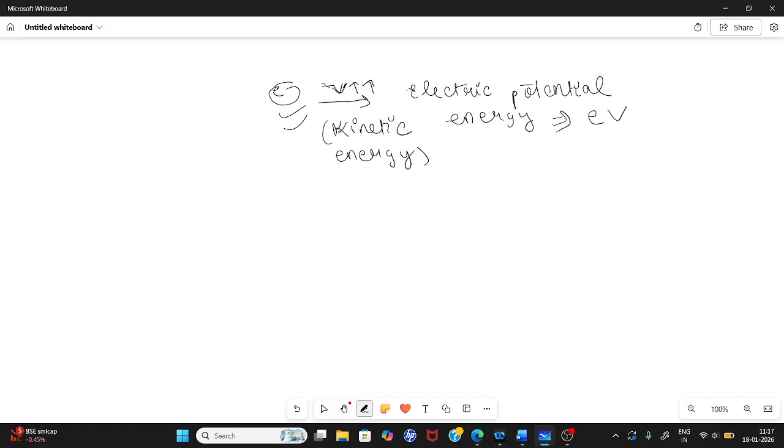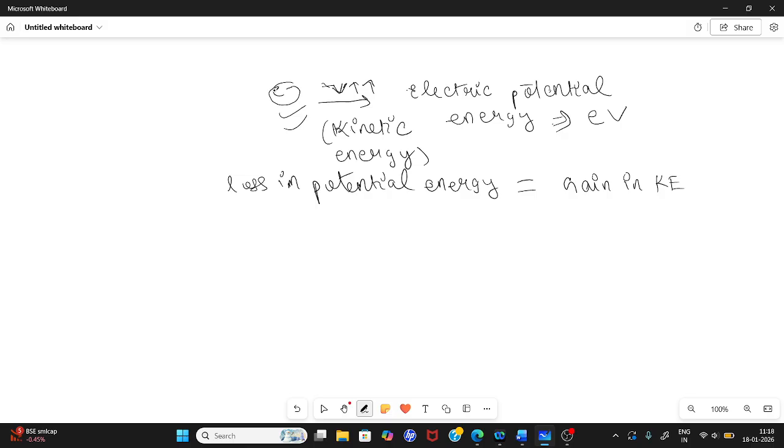So the loss in potential energy of the electron is equal to the gain in its kinetic energy. These two energies balance each other.